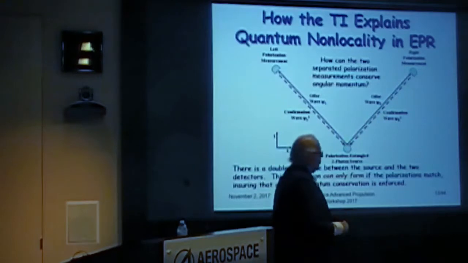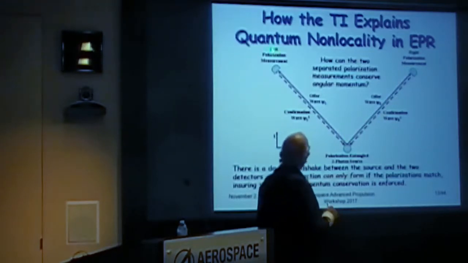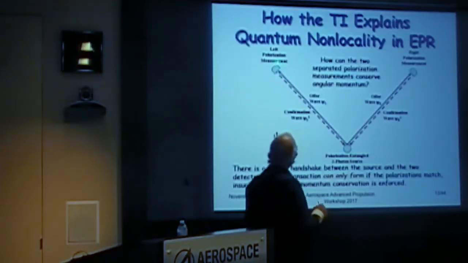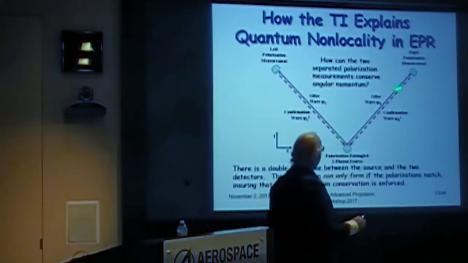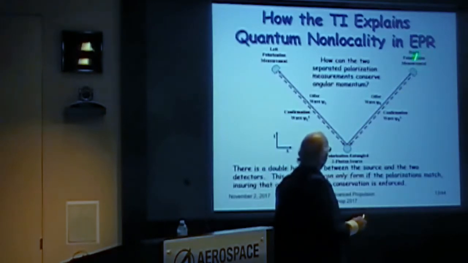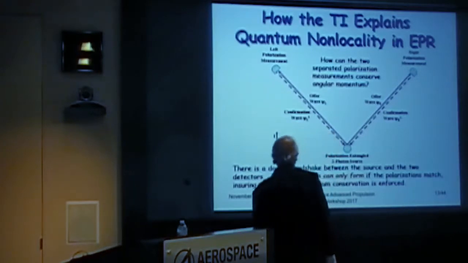And the only way that transaction can form is if all the bookkeeping works out properly. If this has the right polarization, this has the right polarization, these things match when they come back. So you can form any kind of transaction you want, but only the transactions in which the polarizations match are allowed to form.